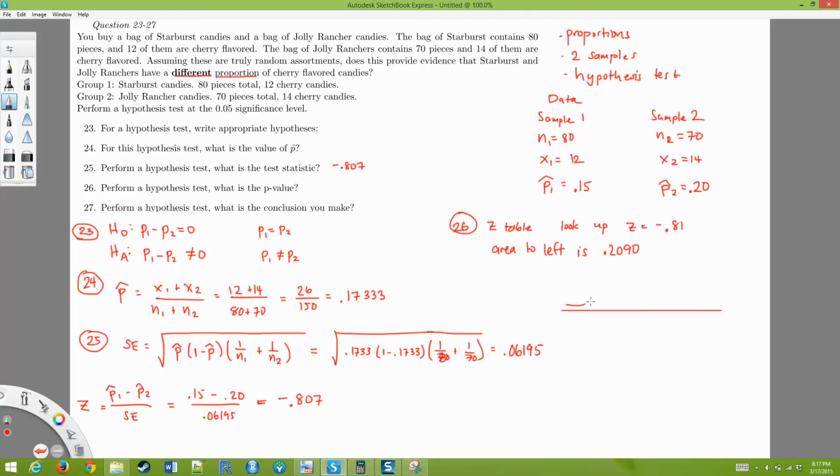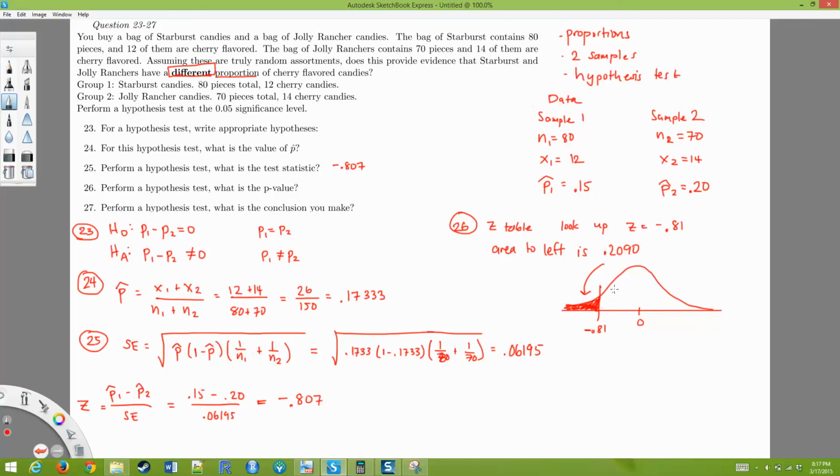Okay, let's draw a picture. What I looked up was negative 0.81, and I took the area to the left, and this area is 0.2090. Now it says, does this provide evidence that Starburst and Jolly Ranchers have a different proportion? Different means I'm going to take my tail area and double it.